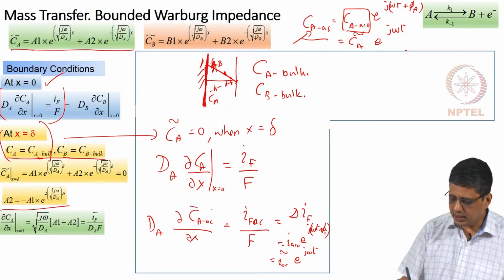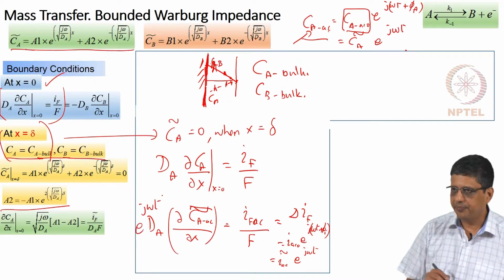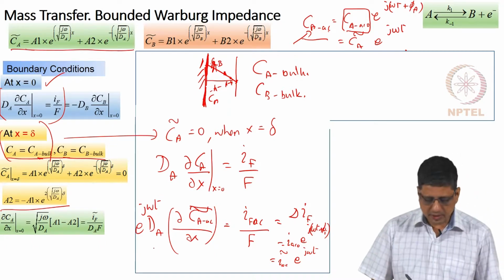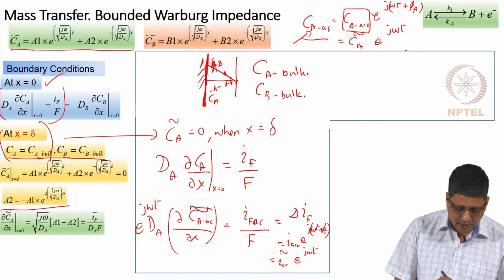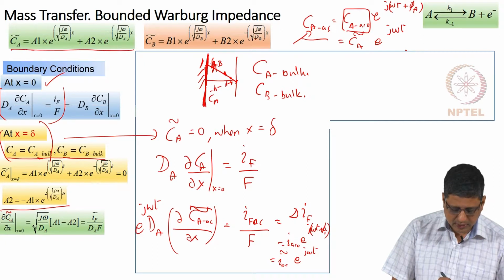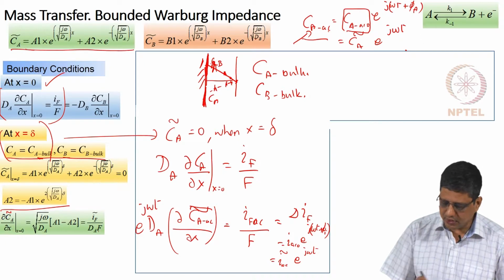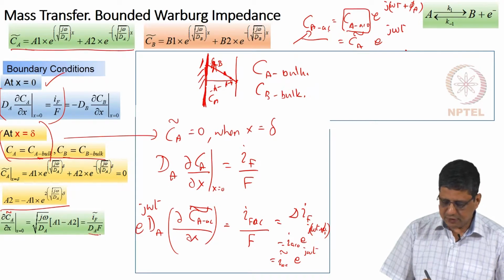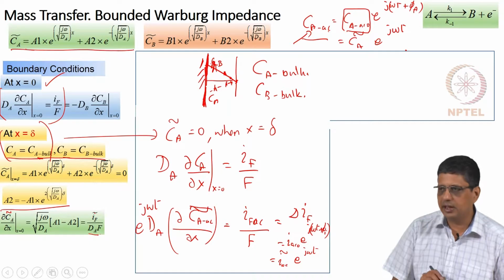So, out here I would write it as Ca tilde e power j omega t. That means I should write dou Ca by dou x, dou Ca tilde by dou x at x equal to 0 is the same as IF by diffusivity of A and F Faraday constant, IF tilde on the numerator.